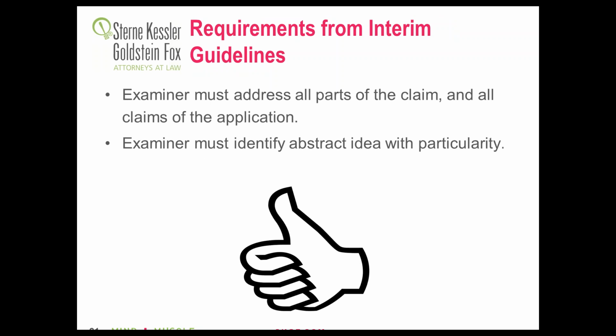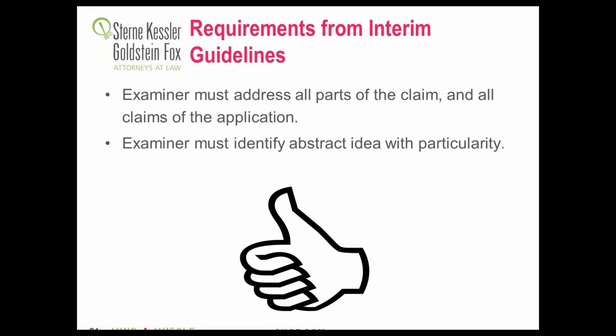So some positive news is that the interim guidelines provide some fairly explicit requirements that the examiner must meet in order to provide this prima facie case. As I mentioned earlier, one very nice part of the interim guidelines is that the examiner must address all parts of the claim and all of the claims of the application.